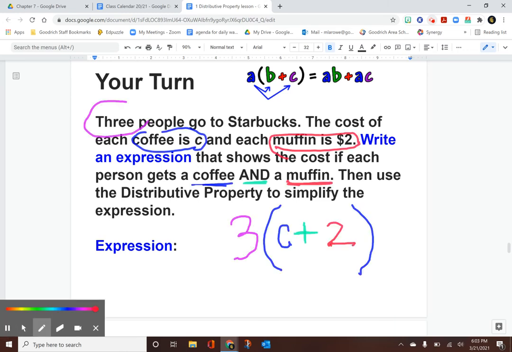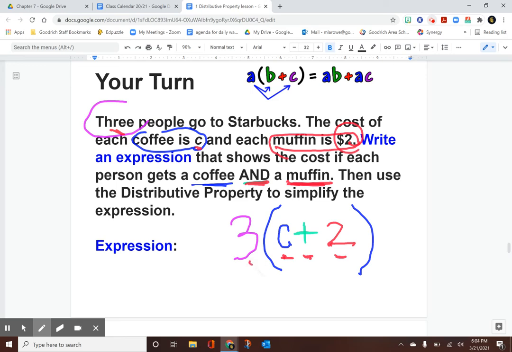So your expression should have looked like this originally. 3 representing the people, and then each person is going to get a coffee and a muffin. The coffee price we don't know, we use the variable C. And as an add idea, the muffin cost we do know. It's $2.